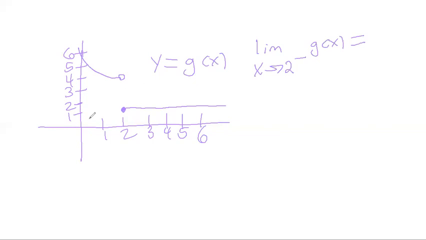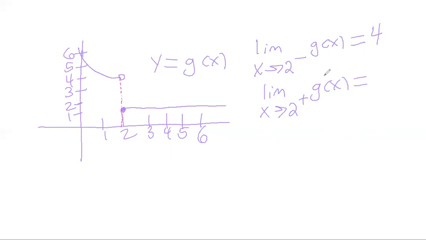Approaching 2 from the left is here. It's not directly at 2, it's going to be a little before it, so it's not going to hit smack at 2. It's going to go up here at 4, which means the limit as x approaches 2 from the left-hand side is 4.